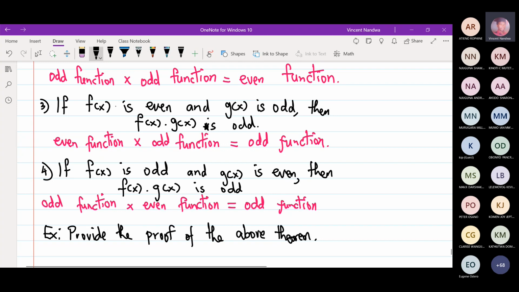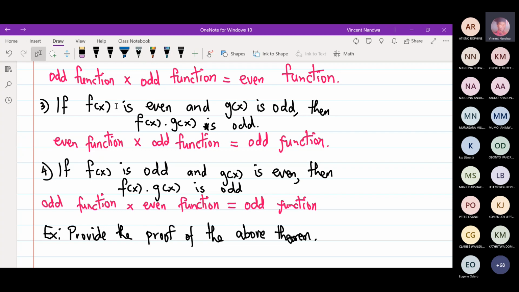So this concept of product of even and odd functions will be very useful because if you remember the structure of the Fourier series, to find the Fourier coefficients, there is always the function multiplied by either cosine or the function multiplied by sine.